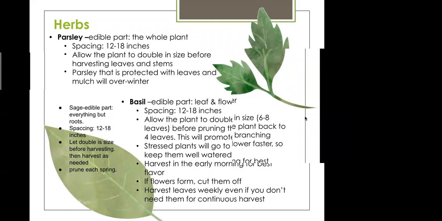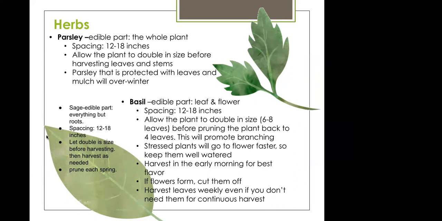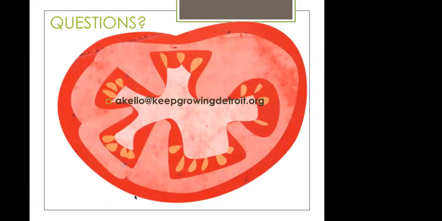So that is called blossom end rot, and thank you for the question. Blossom end rot is from a calcium deficiency within the soil, so your tomato is not getting enough calcium.